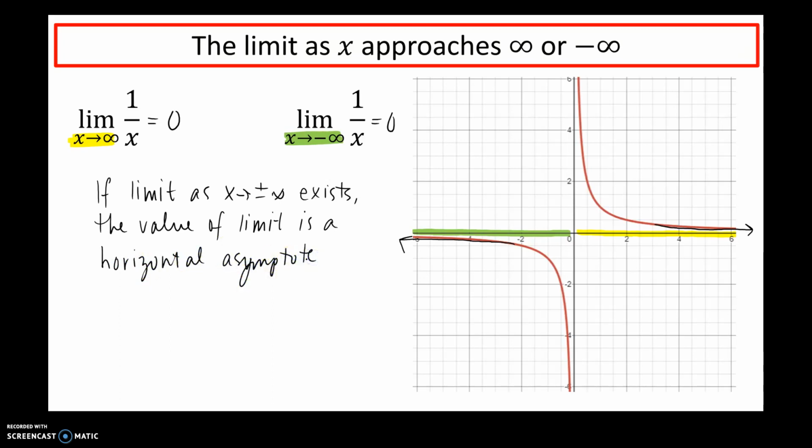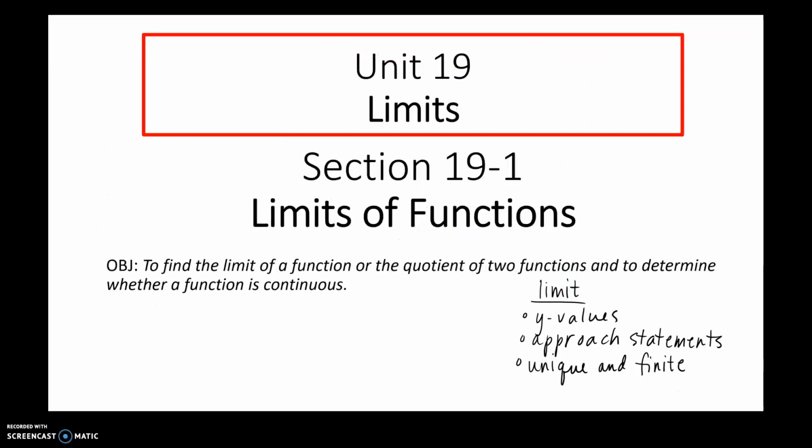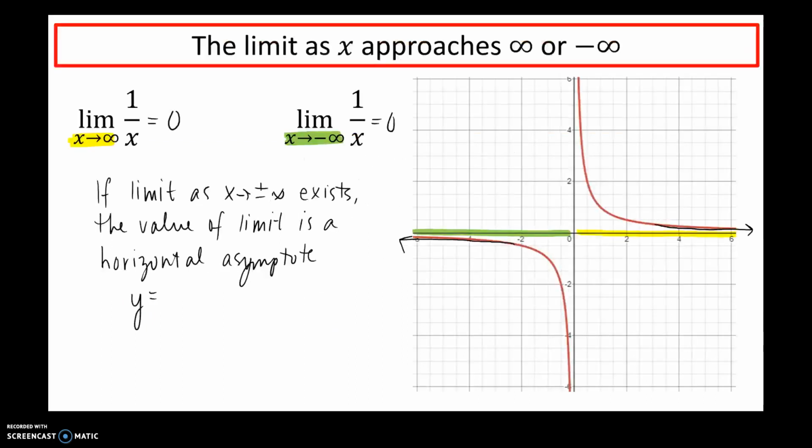Okay, so a couple things. Horizontal lines, we know horizontal lines are in the form y equals a number. Secondly, coming back to limits are y values, the output of a limit is a y value. So the horizontal asymptote would come from y is equal to 0. And that fact is based on the limit existing, and whatever that value is becomes a horizontal asymptote.